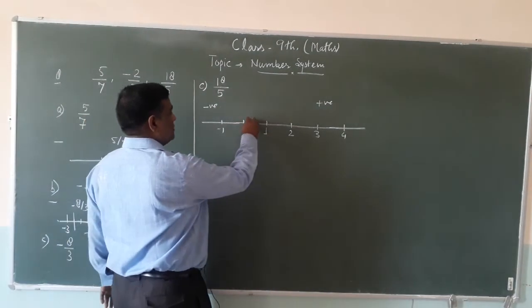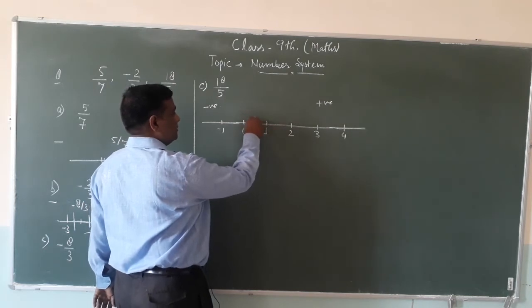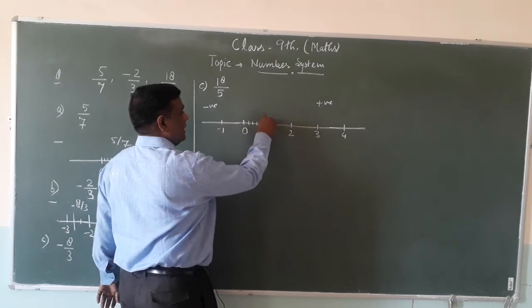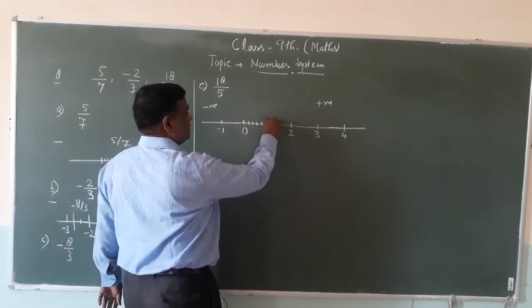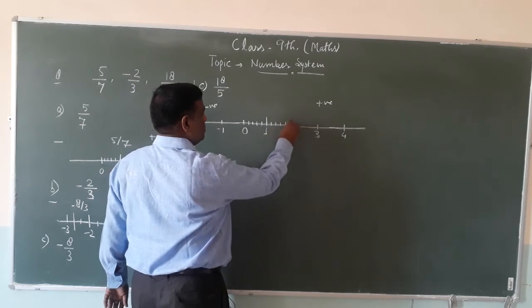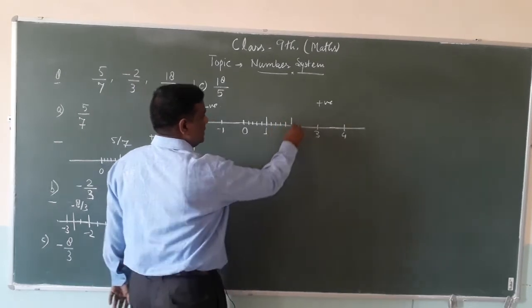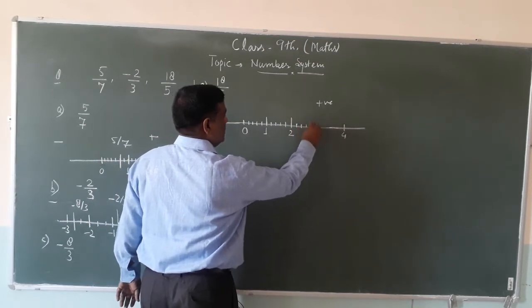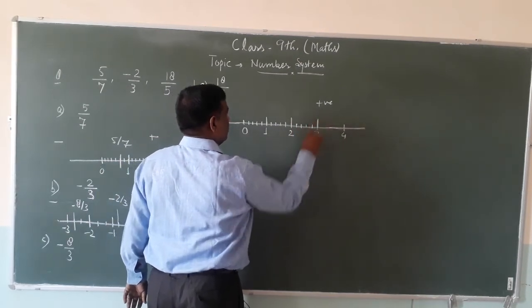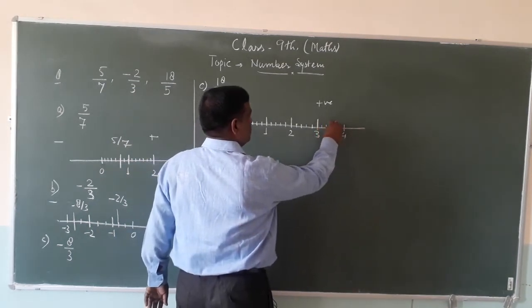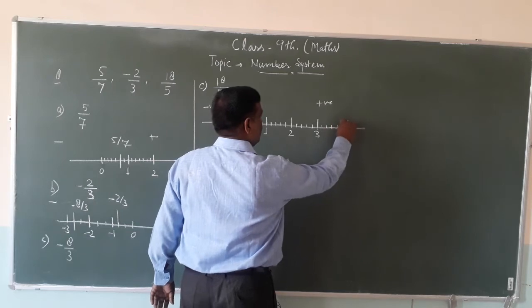Take equal parts 1, 2, 3, 4 and then 5, again 1, 2, 3, 4 then 5, and so on.